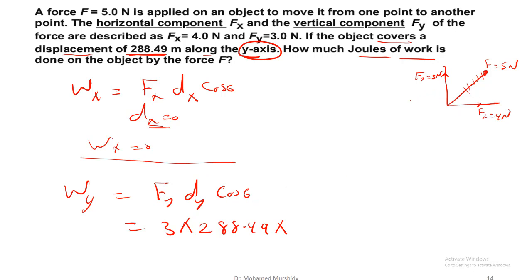In this case, the force is in that direction and the object is moving in the same direction. Theta will be 0, and cosine 0 equals 1. So we have the final work done, almost something around 865.5 joules. And that should be the total work done by the force F.